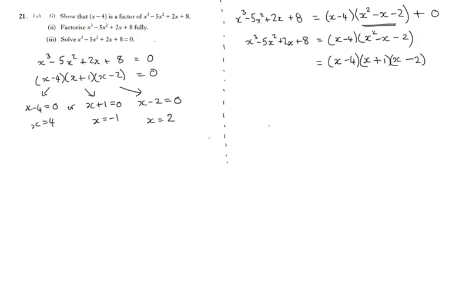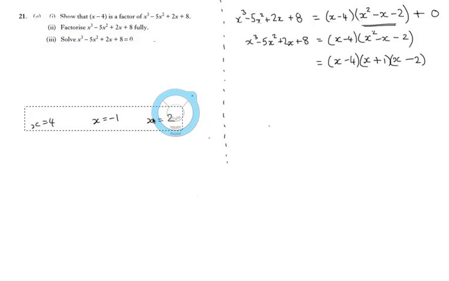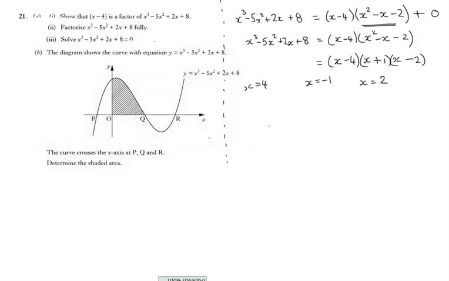So now moving on to part B of the question. We'll keep a record of these 3 solutions. So I'll put these up there, and let's examine the diagram that we're given.